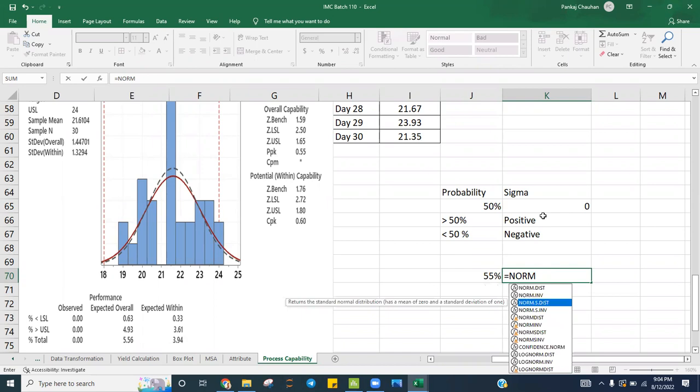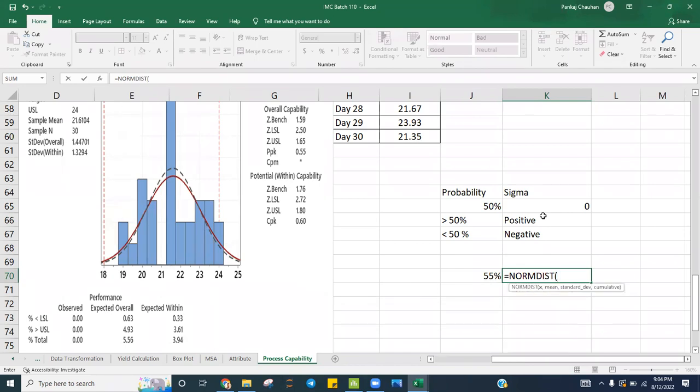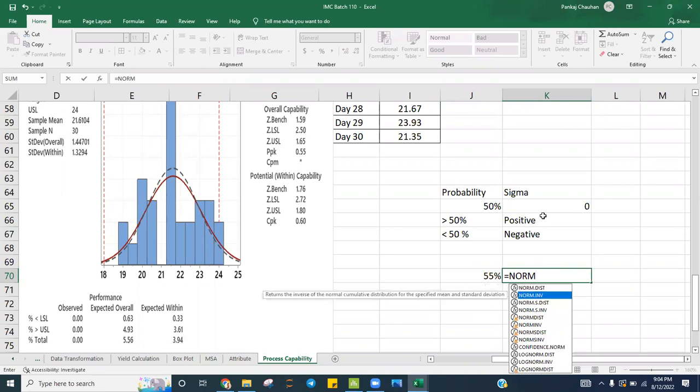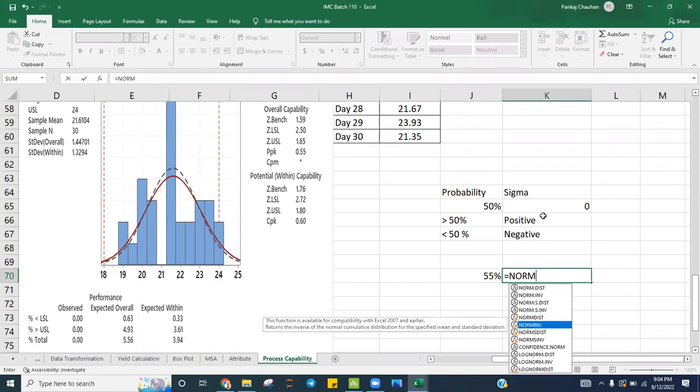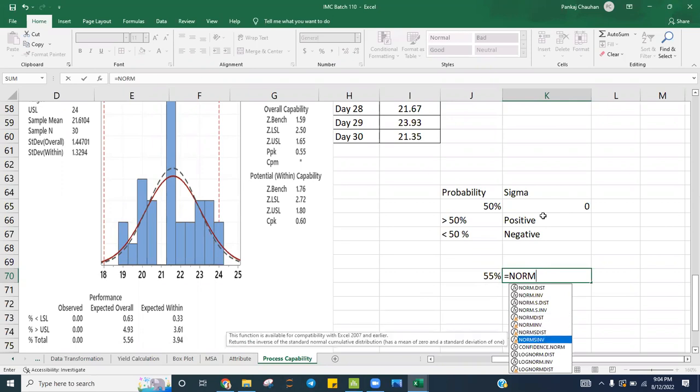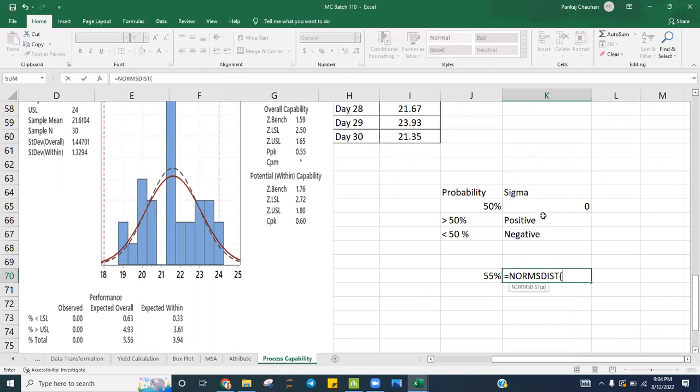There is a formula I'm missing. Norm S inv, Norm S dist, we have used. Even I got confused. Sorry.